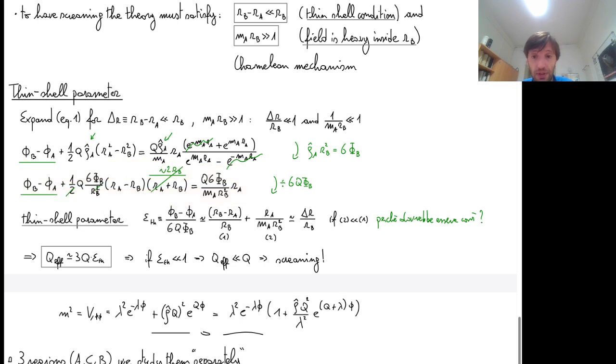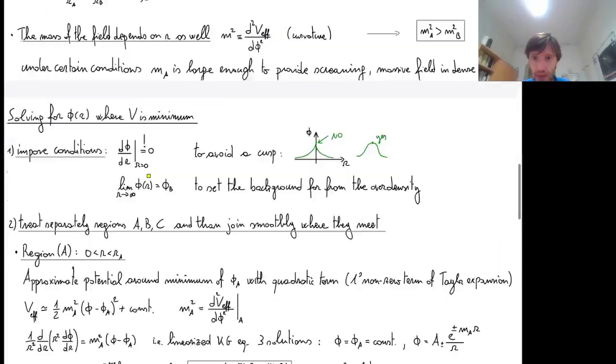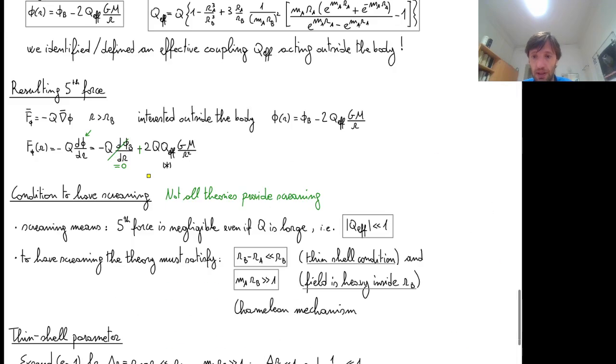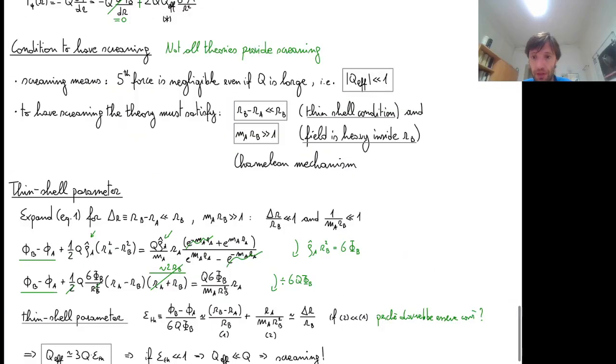And this is a definition. We call this ratio the thin shell parameter. It's called thin shell parameter because, if this one is dominant with respect to that, it is just expressing how thick is this region. You see, this is just the difference between these two. This is just to give it the name. Okay, good.